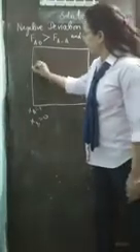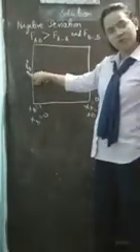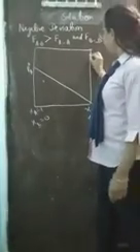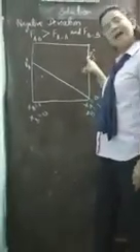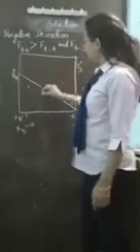Here P naught A is the pressure of the solute in its pure form, and P naught B is the pressure of the solvent in its pure form.